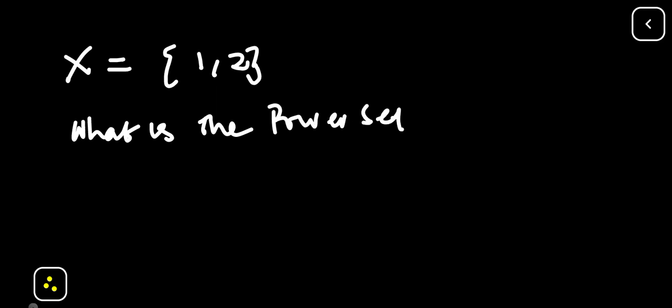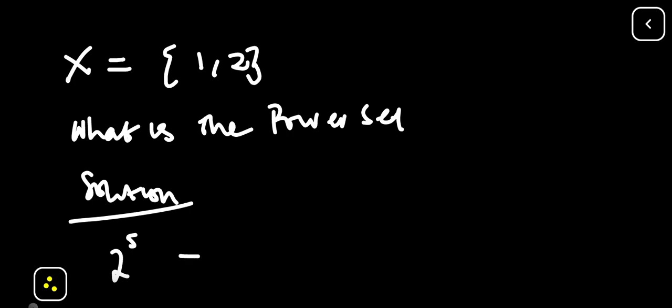Or find the power set, or they could ask you the superset. Naturally, we know that a power set is denoted by 2 raised to s, where s is the number of elements in the set. The number of elements in the set is just 2, right?